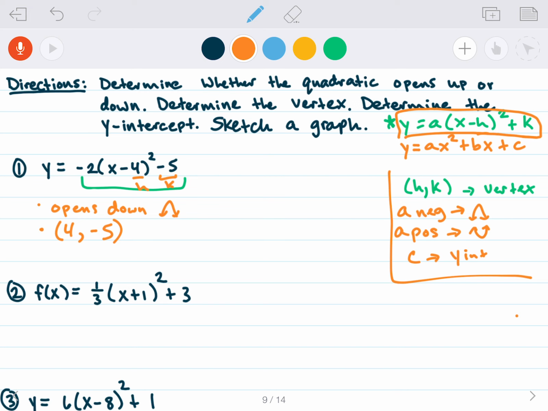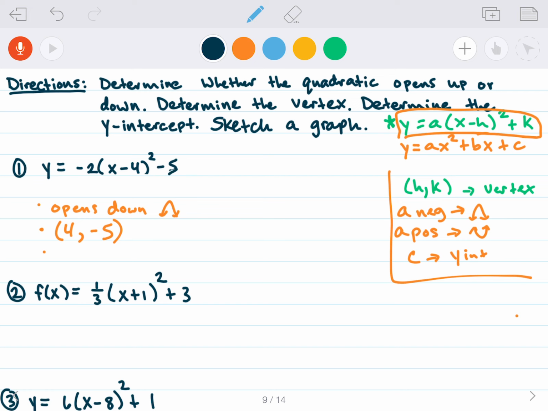That's our vertex. The y-intercept can be found with the standard formula. The y-intercept is c. So c might be -5, but it's probably not, because we have to expand this out first.